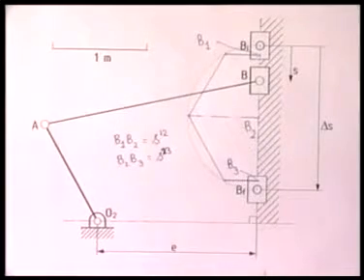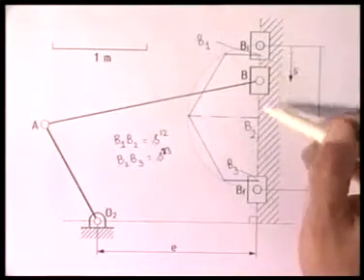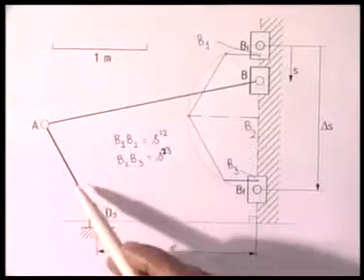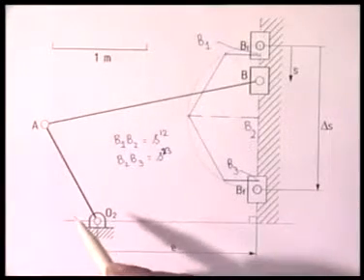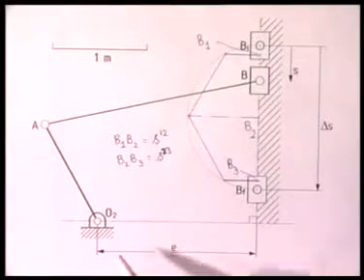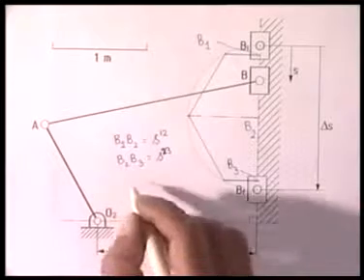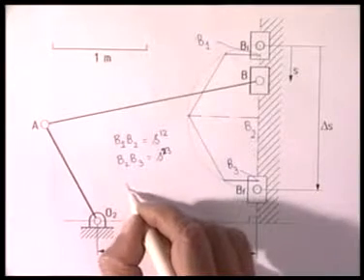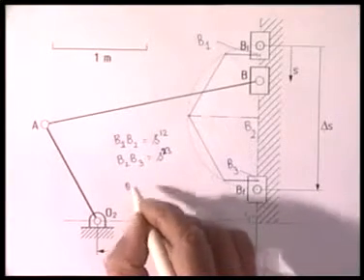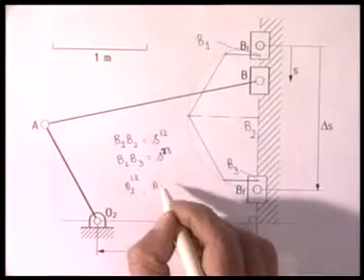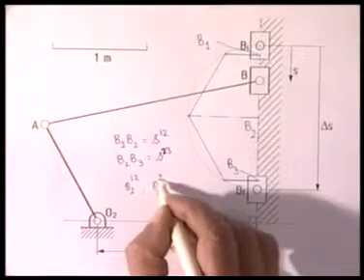The second requirement is that the travel of this fork should be proportional to the rotation of this input link of the crank O2A. So we calculate what is the corresponding movement of this link 2, which I call theta 2,1,2 and theta 2,2,3.